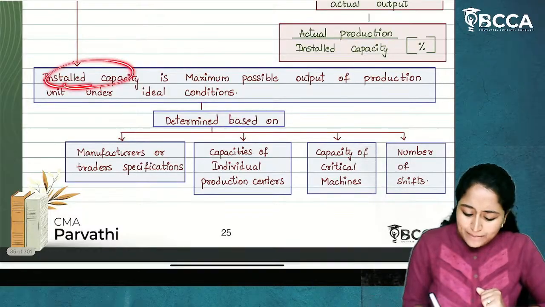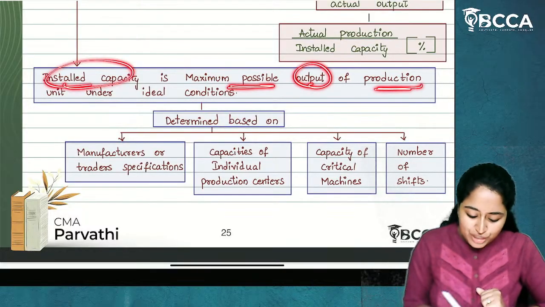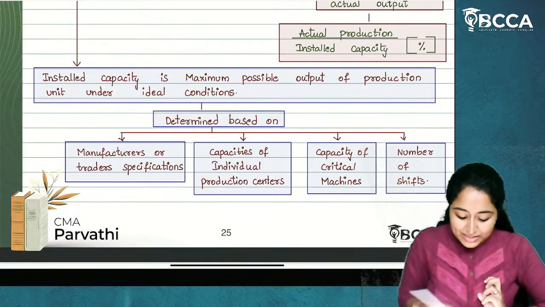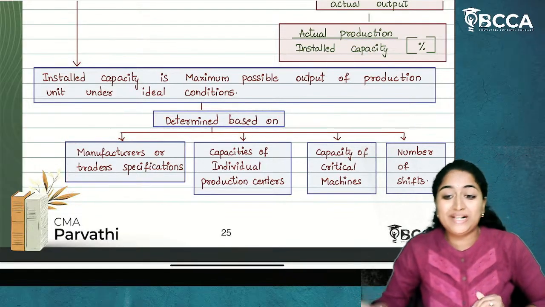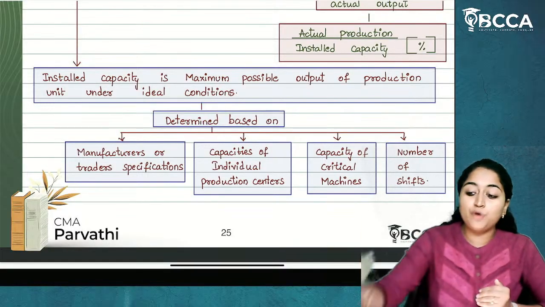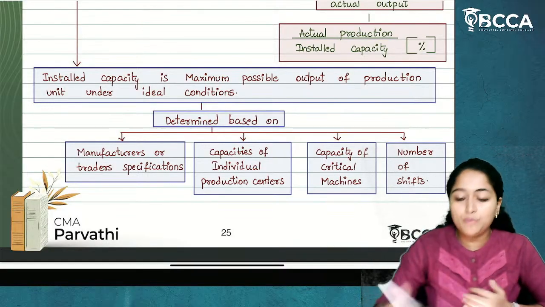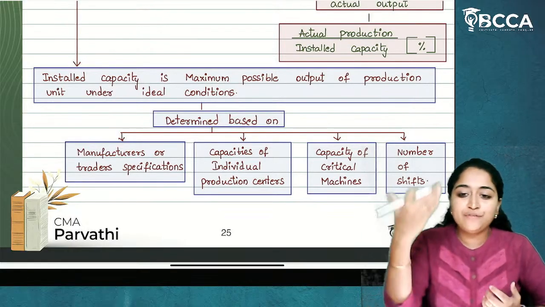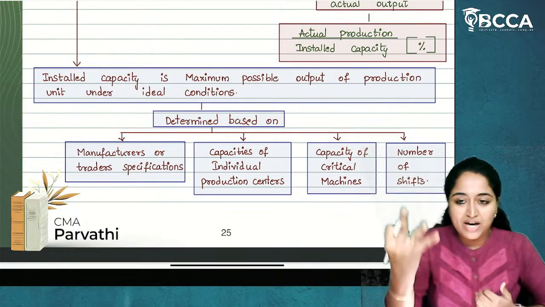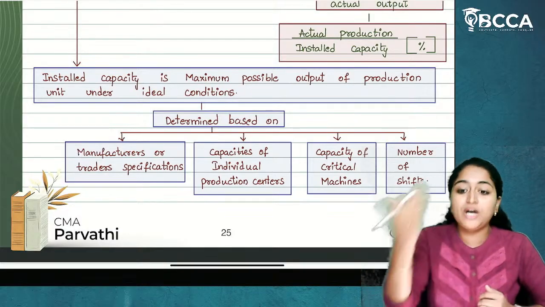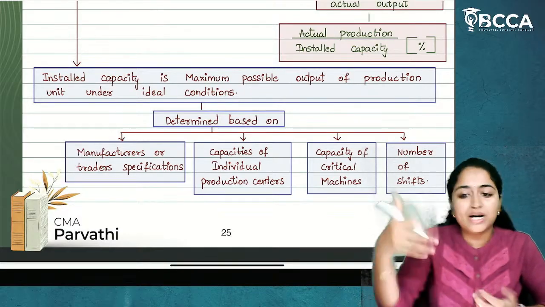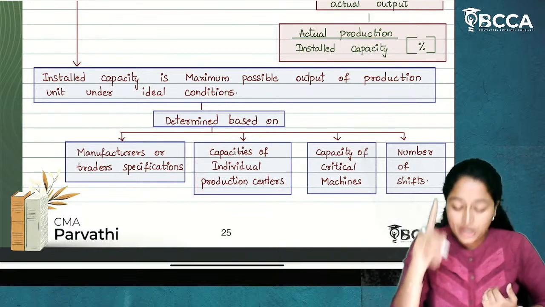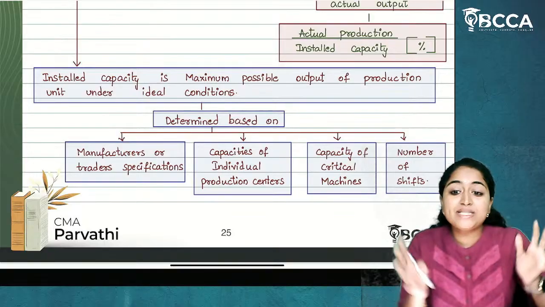Now, installed capacity is the maximum possible output of production under ideal conditions. How is installed capacity determined? Manufacturer or trader specification, how they specify how many products we have to produce. Based on that only our capacity will be determined. If you tell me to take class for 3 hours, 3 hours will be my capacity. If you tell me to take the entire 24 hours, 24 hours will be my capacity. Capacity of individual production center, how long that production center can work.